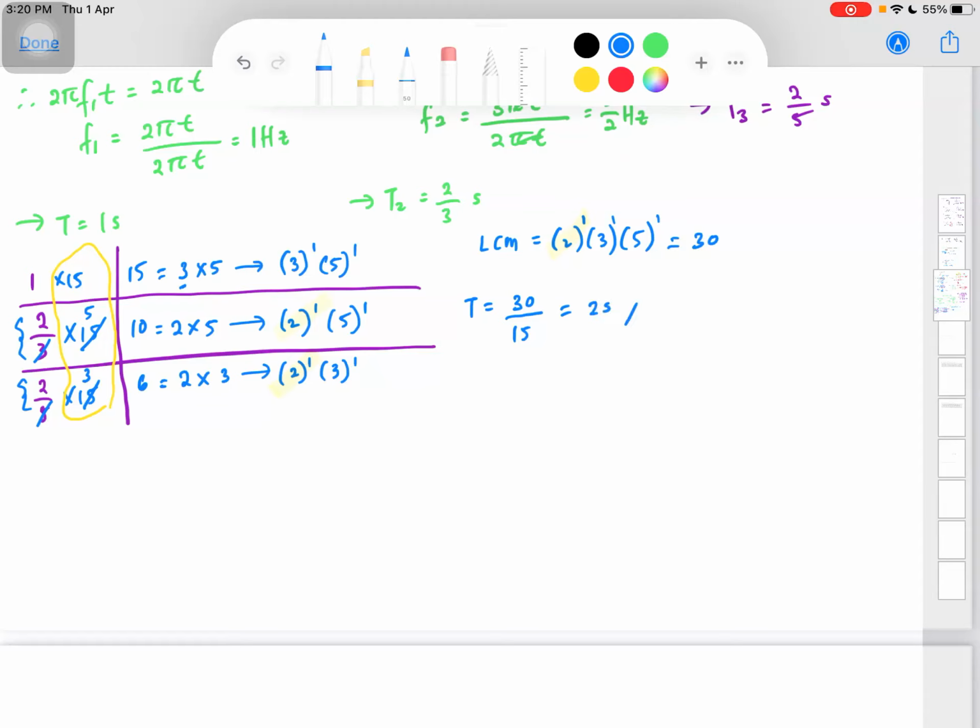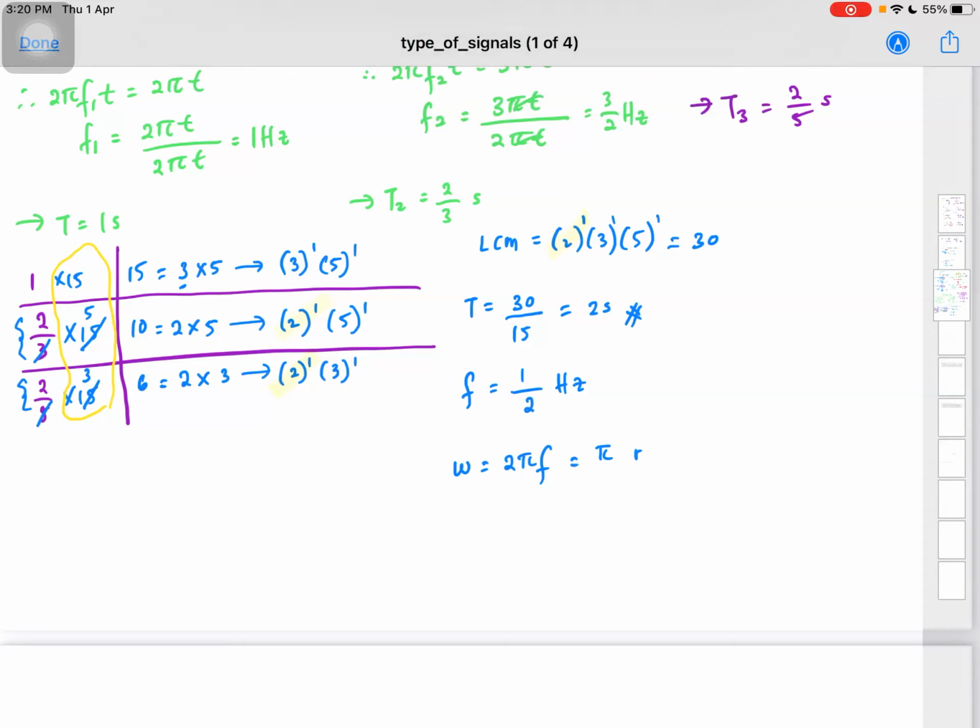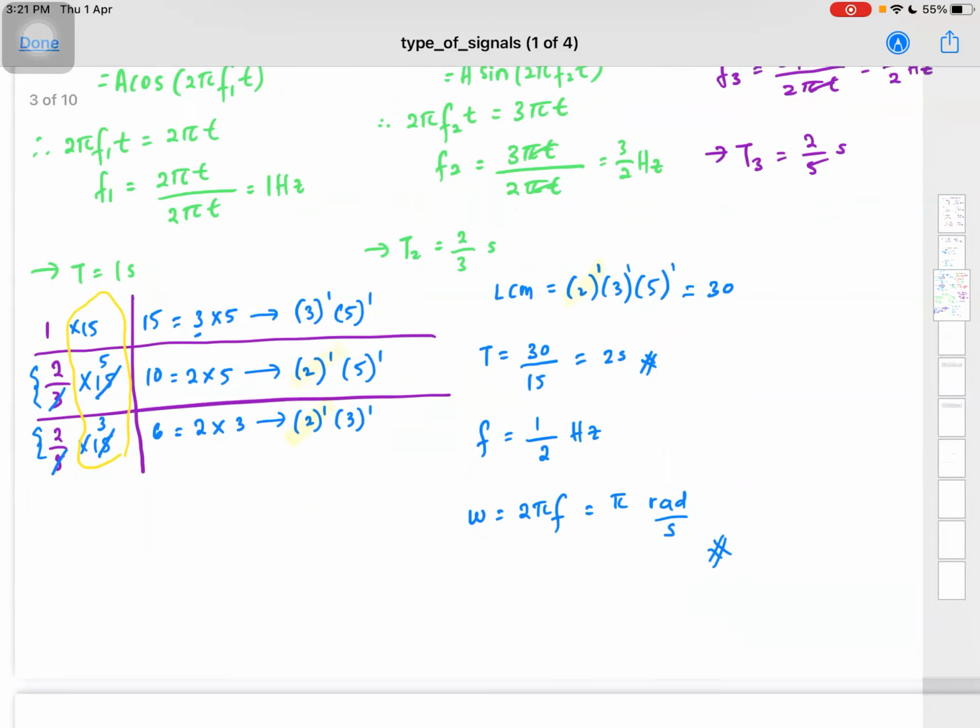Okay, so the fundamental frequency will be 1/2 Hertz, and the radial frequency will be 2 pi F, so it will be pi radian per second. Okay, so that's how we solve this type of question, right?